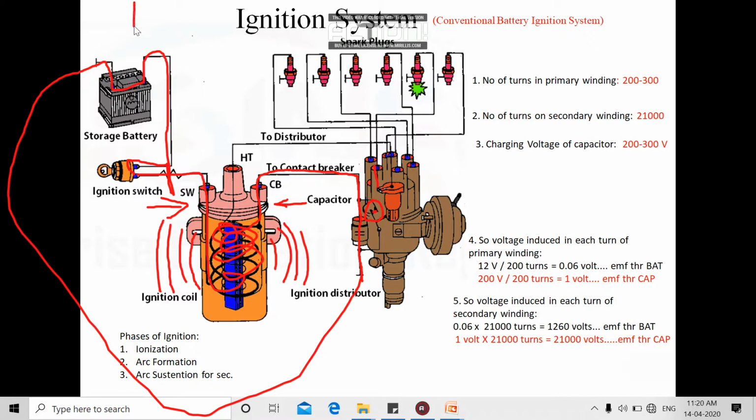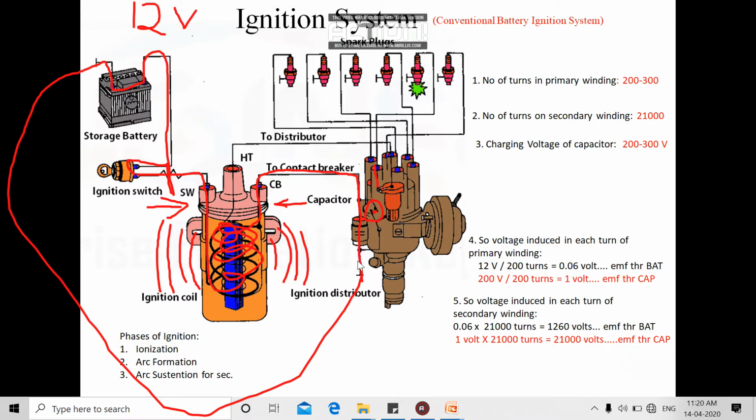As I told you, the battery has only a 12 volt supply. Now our current starts to flow through the capacitor because the contact is now open.